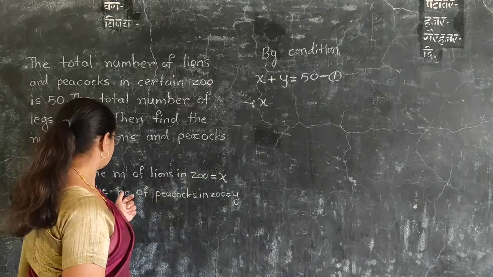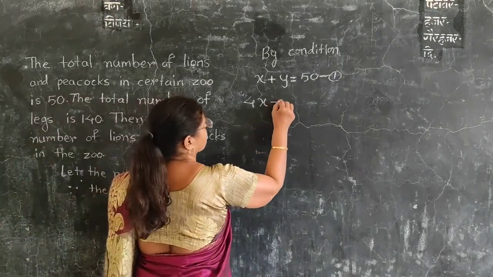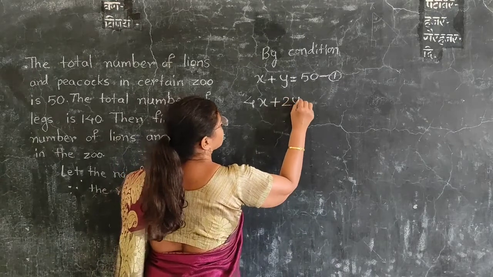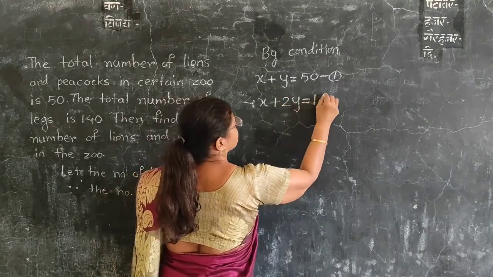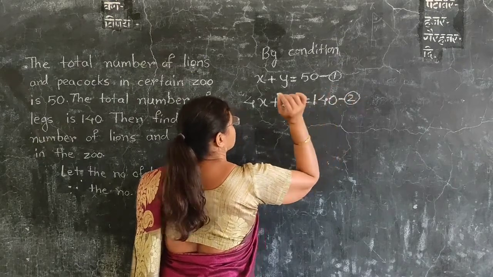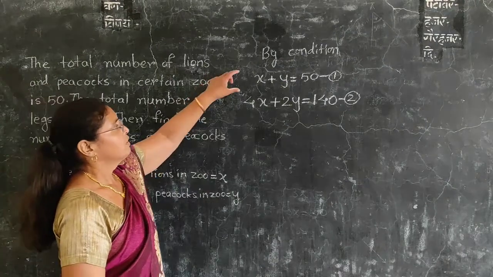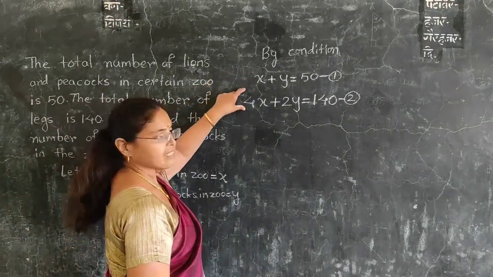The number of peacocks is y, so the legs of peacocks will be 2y. The addition of both is 140, so 4x plus 2y equals 140. It is equation 2. In this way, using these conditions, we have formed two simultaneous equations.